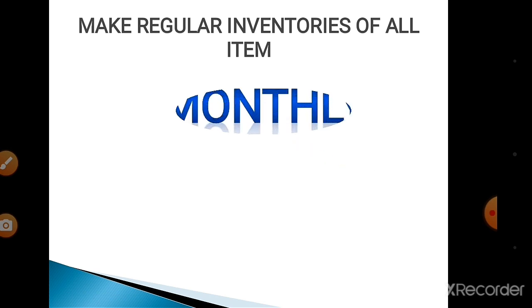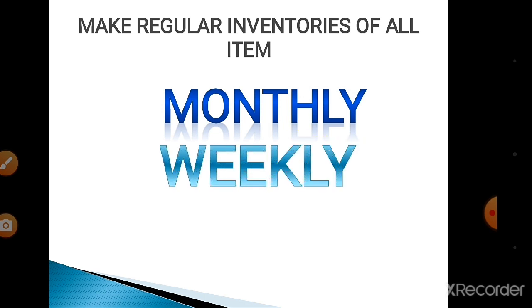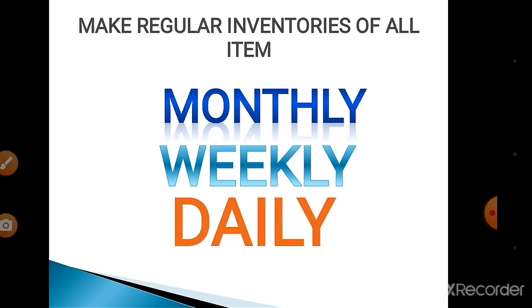Some articles are counted on a monthly basis, some on a weekly basis, some are counted daily. The articles that are frequently used or easily broken need counting most frequently.